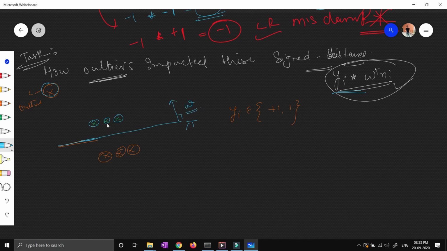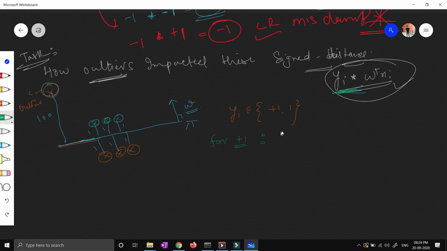Let's assume this particular distance is 1, this is also 1, this is also 1, and all these distances are 1, 1, 1. And this particular distance is 100. So now let me solve this for positive points.